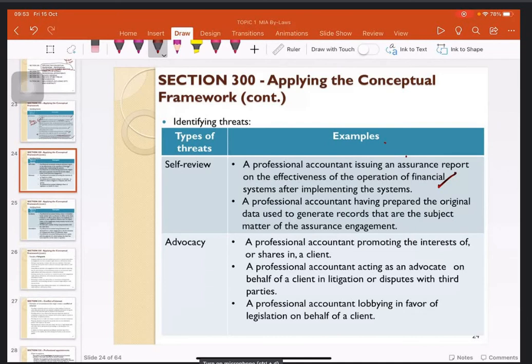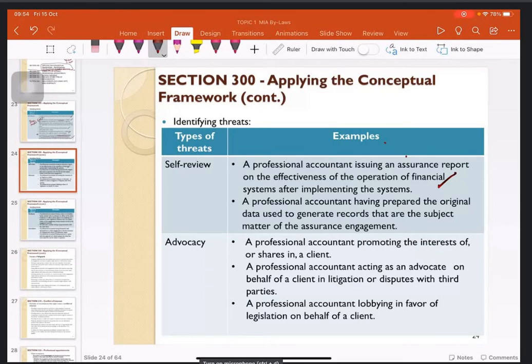Dan kemudian you buat report on that, on the effectiveness of that system. Jadi you buat report apa yang you buat lah. Tetapi bukan you yang buatnya. Basically department lain yang buat. Department lain design sistem tu pada client dan later on you buat operational audit. Okay, bila kita buat operational audit, kita akan come out dengan report on the effectiveness of the system.